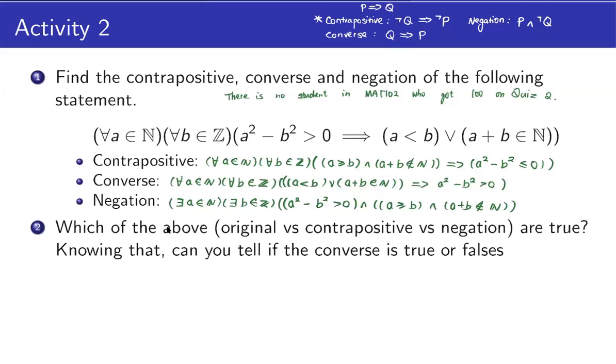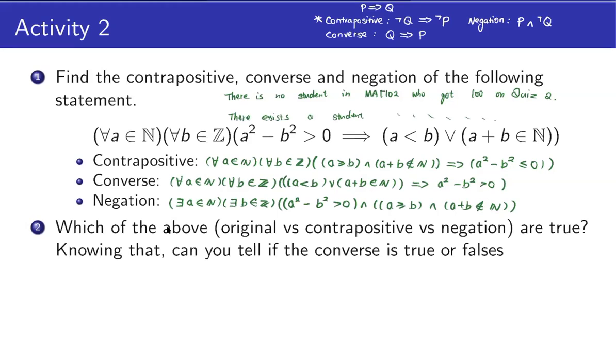So think about this, okay? So this is saying we don't have any student who got 100. So then the opposite of that means there is a student who got 100, right? So that means there exists a student who got a perfect on quiz 2.